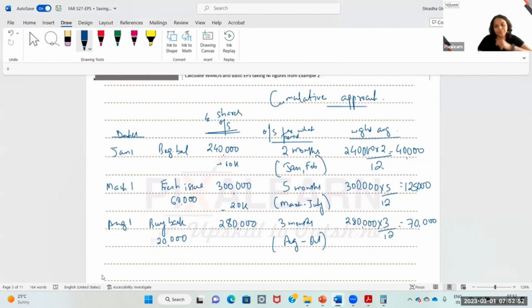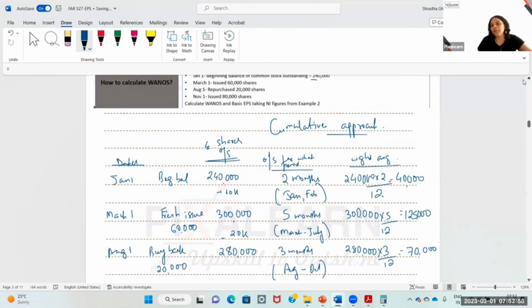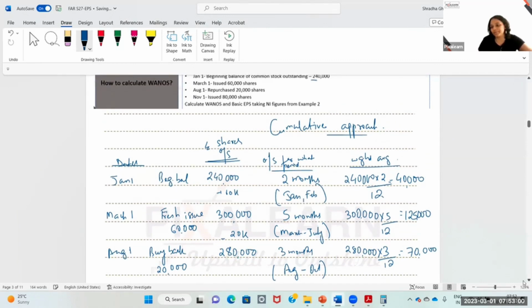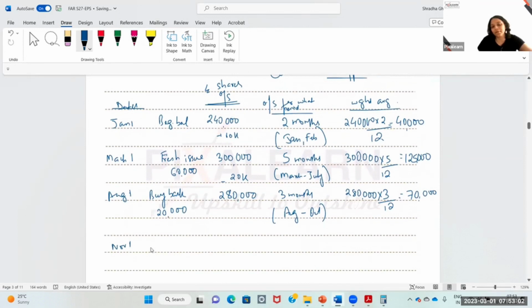Now, on November 1, what am I doing? I am further issuing 80,000 shares. If I add 80K here, I will get 360,000 shares valid for 2 months, November and December.